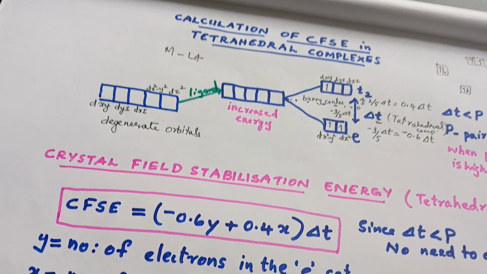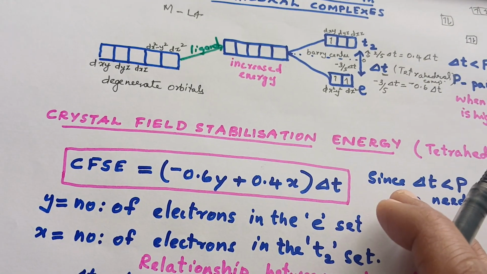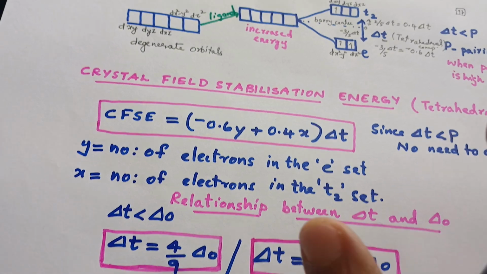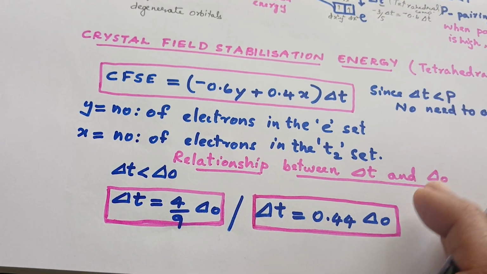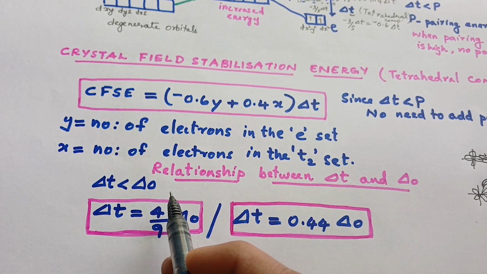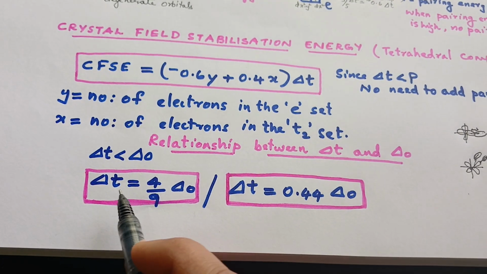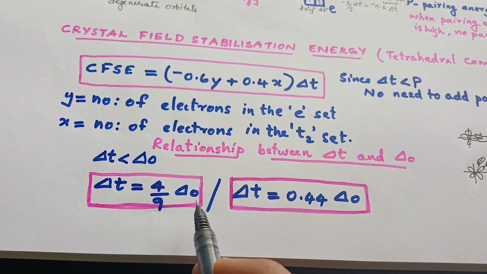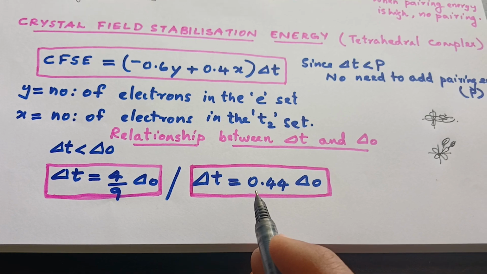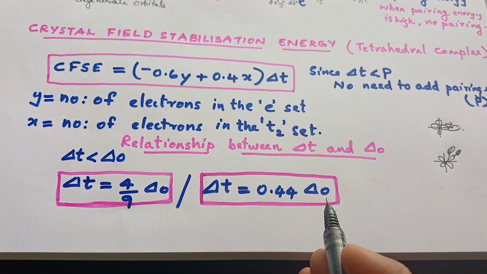So the repulsions will be less in the case of tetrahedral complexes. So delta T is less than delta O, and delta T equals 4/9 of delta O, or delta T is equal to 0.44 of delta O.